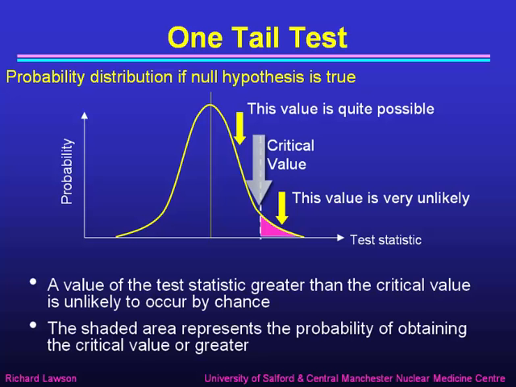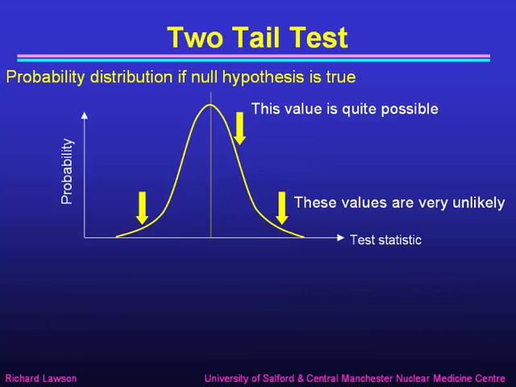So we can define some critical value such that if the test statistic is greater than this critical value, then it's unlikely to occur by chance. The shaded area to the right of the critical value represents the probability of obtaining either the critical value or a value greater than that.